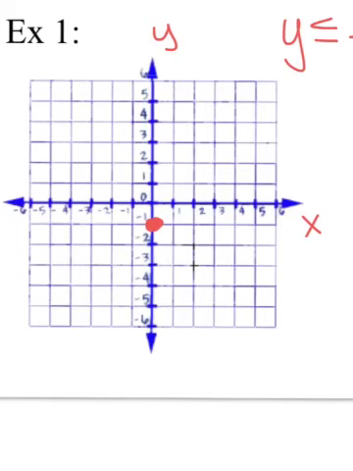So start at your point you already plotted. 1, 2, 3 down, and 1 to the right. I can go opposite and go 1, 2, 3 up, and then go left. Okay? Since this is a less than or equal to inequality symbol over here, then my line is going to be bold.